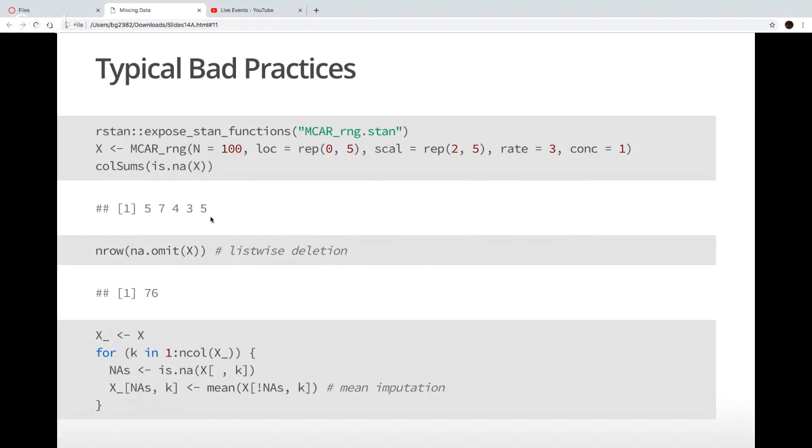But you'll see them done, and that's because today, but even more so a lot of years ago, the mindset of researchers was just, can I get numbers? No real conviction about whether those numbers are correct or unbiased or consistent or asymptotically normal, or any of these things that frequentists talk about when they derive their estimator. It's just, can I not get an error message and get estimates out?